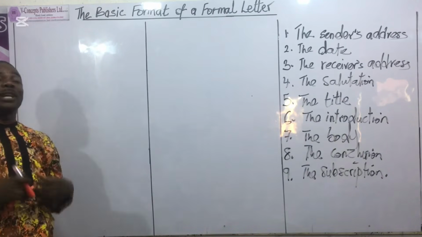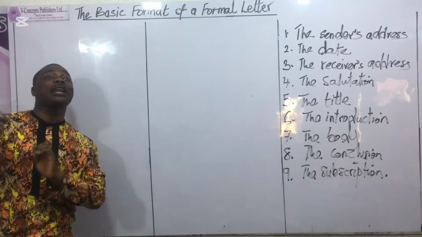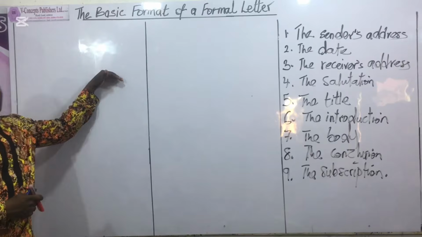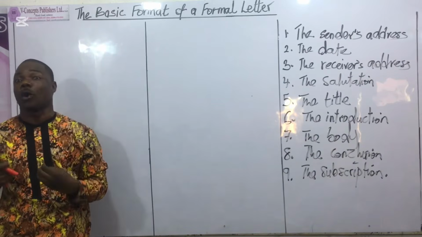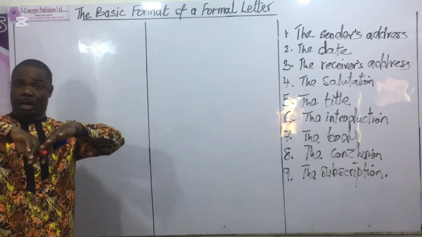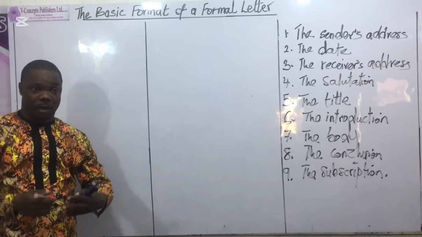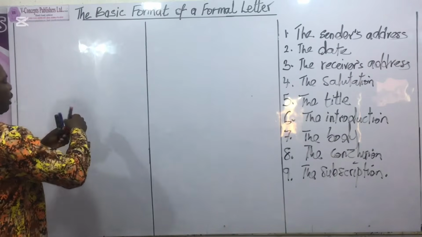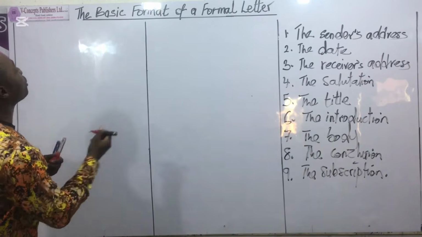And like we established in informal letter, if the letter is going out of the state, then you are going to attach the state to your address before you end it. Let us assume we are writing a formal letter that is going within the state. You take your hand to the right-hand corner of your paper.